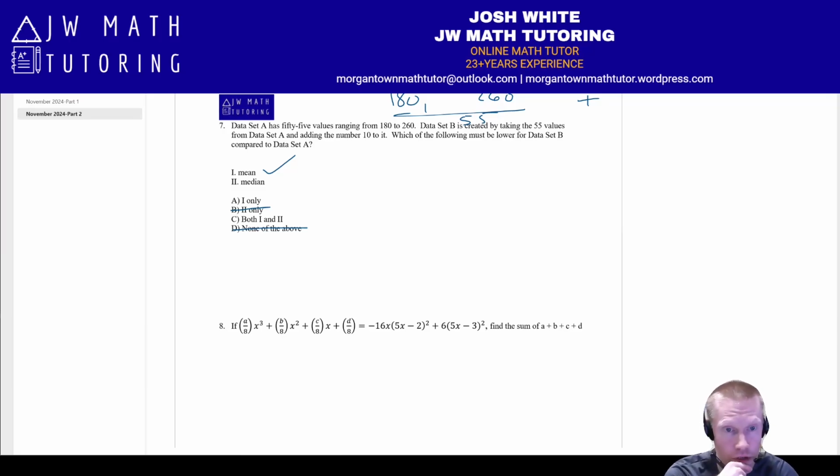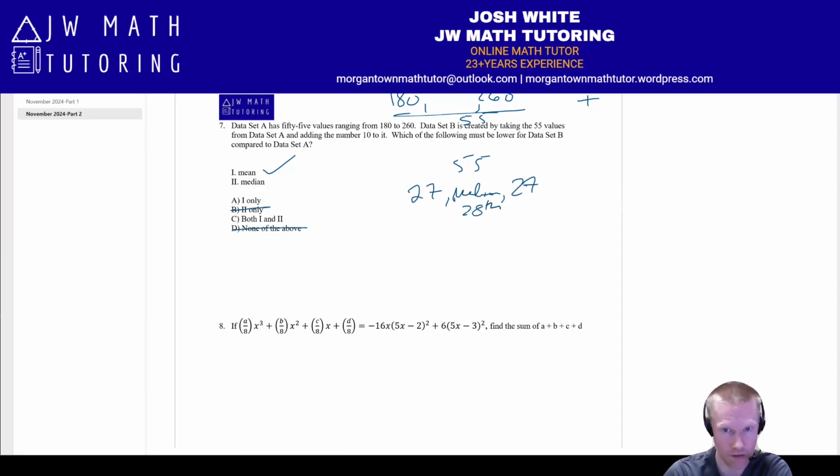Okay? So now the question is, what happens to the median? Well, the answer is we really don't know, because we don't know how the numbers between 180 and 260 are distributed. In other words, we don't know what the median of data set A is. If you have 55 values originally, it's 27 values below the median, then the median, then 27 values above it.